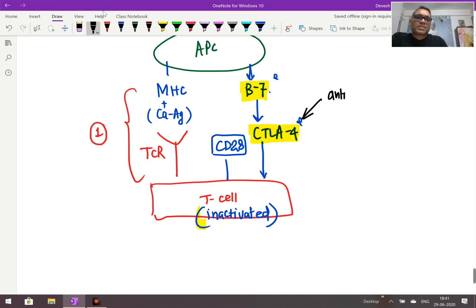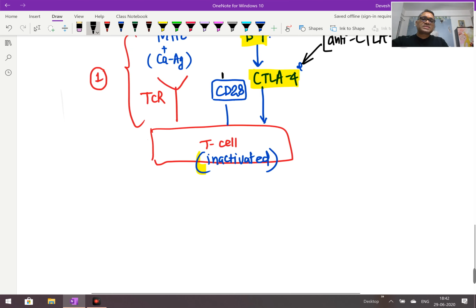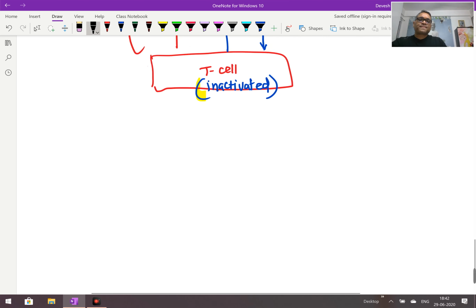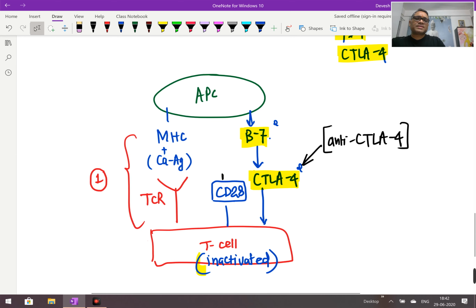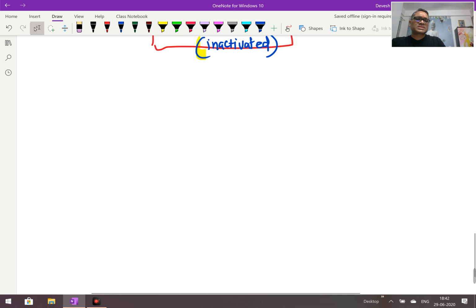So they prepared the antibody anti-CTLA4, right? Because of this anti-CTLA4, when it combines with this CTLA4, this CD28 will become more efficient to combine with B7, right? Now you can see this in another picture I will show you. So now you understood this concept, so it's easy, right?